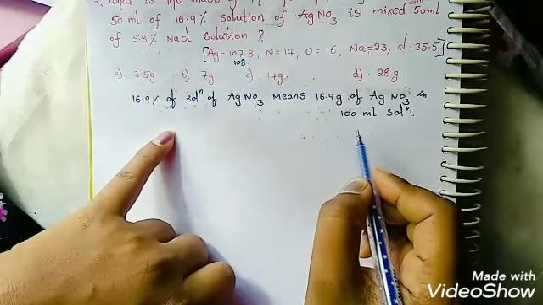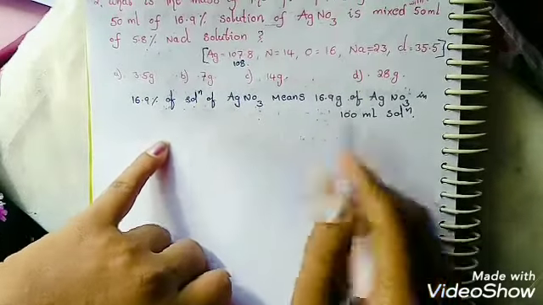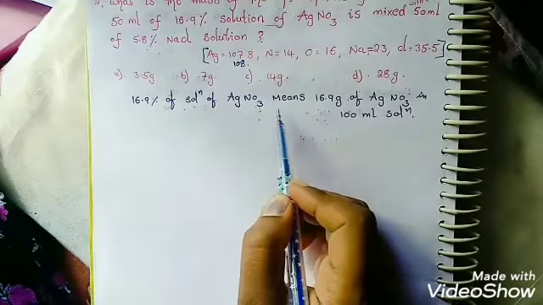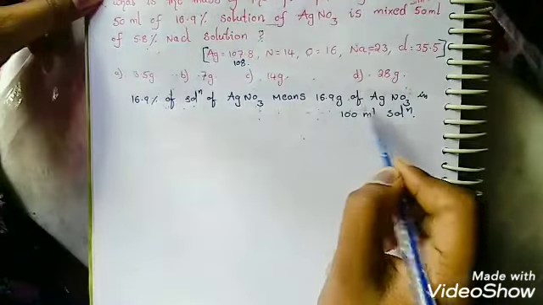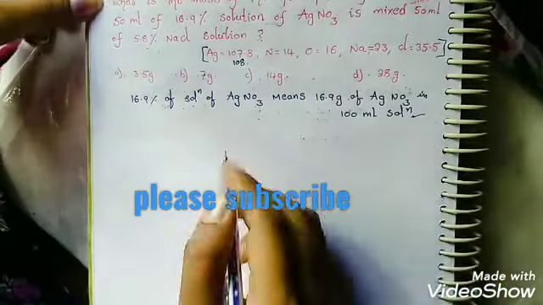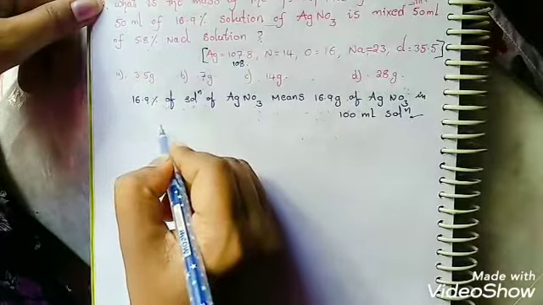What they have given in the question, students: 16.9% solution of AgNO3 means 16.9 grams of AgNO3 in 100 ml of solution.